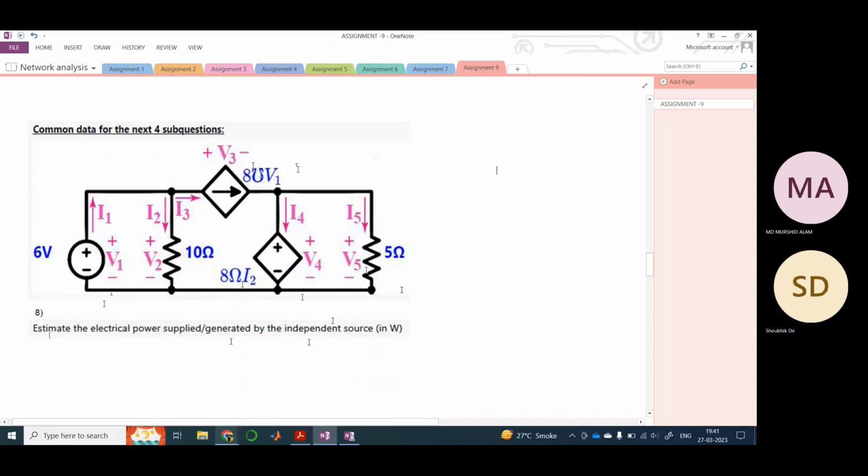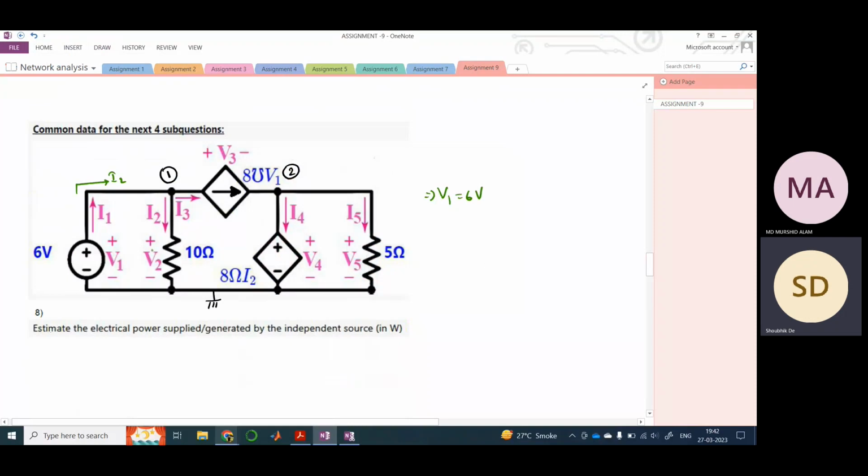So therefore, let us now mark each of the nodes here. So this is our node 1, this is node 2, and let us ground this node. So this is I1 here and it's already marked, right? So you can clearly see V1 is 6 volts, because V1 is the voltage across the independent source.